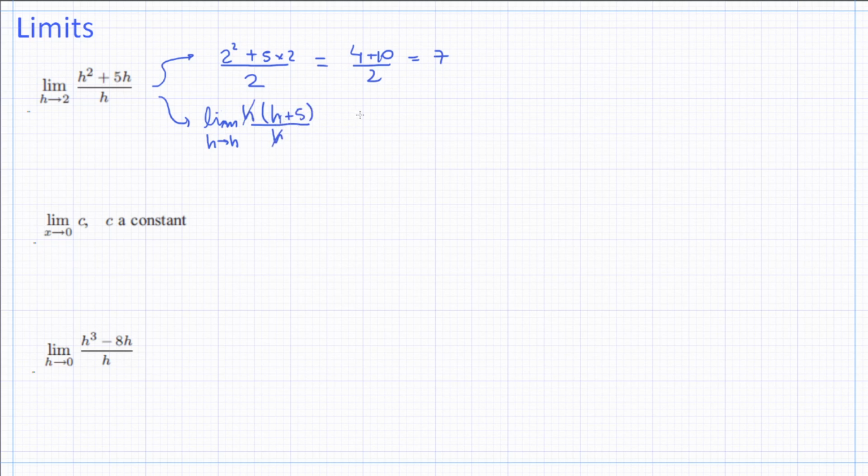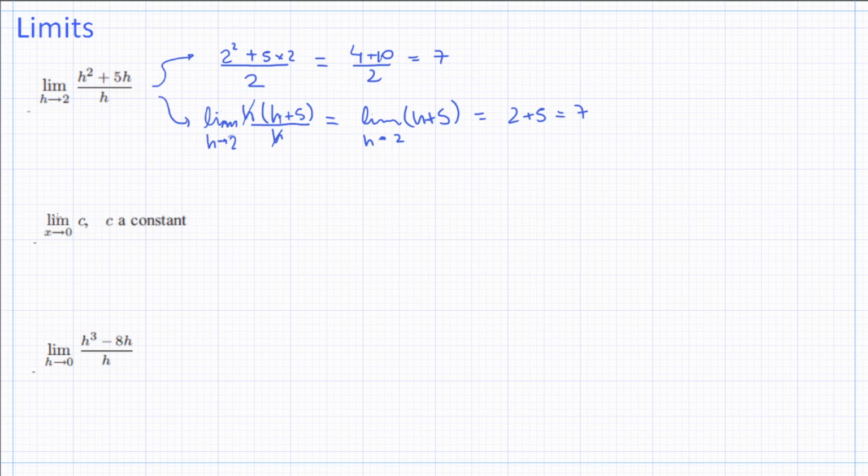Now I can cancel the h, so this is the limit of h plus 5 when h approaches 2. That's 2 plus 5, which is 7. So you can see that you get the same result. You shouldn't get anything different, should you, really?